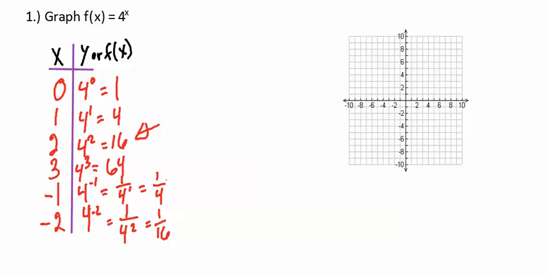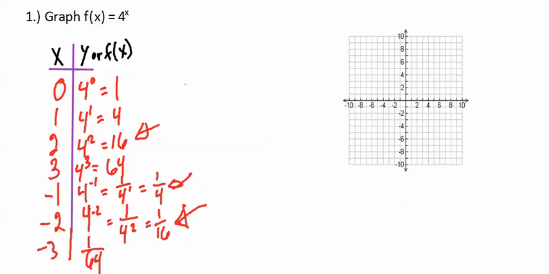And so you can see that, again, exponentially, it's getting smaller to a fraction. Now, if I kept going and did negative 3, you would get 1 over 64. You'll see that it keeps getting smaller, but it actually can never be 0.